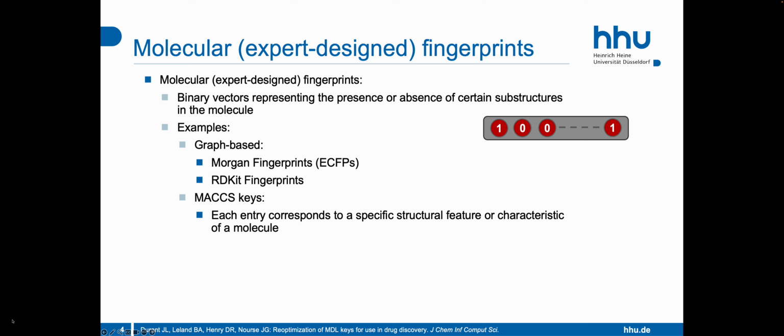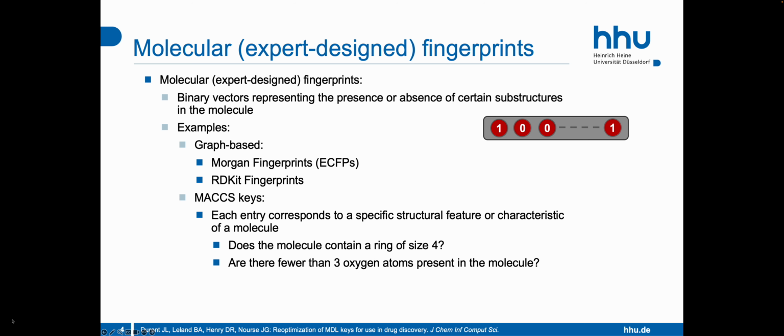Basically, we can see every entry as a question regarding the properties of a molecule, where the answer to each question is either yes or no. For example, a question could be whether the molecule contains a ring of size 4, or another question could be, are there fewer than 3 oxygen atoms present in the molecule? MACCS keys are typically 166-dimensional binary fingerprints, which means they provide yes and no answers to 166 questions regarding the molecule.